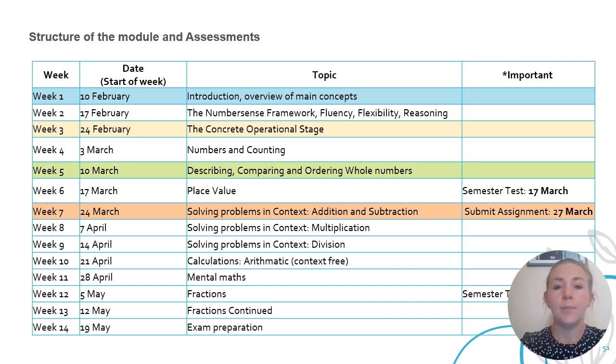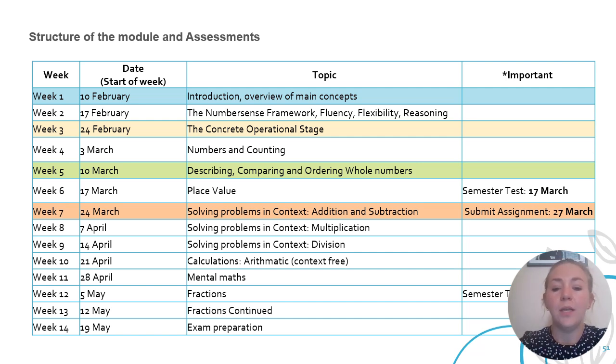This is a summary of the structure of the module. It's also in the study guide, and this is just to show you what we are going to focus on, the topics for this module, as well as important dates that you should be aware of. Again, it is structured in the study guide, so please take a look at the study guide.